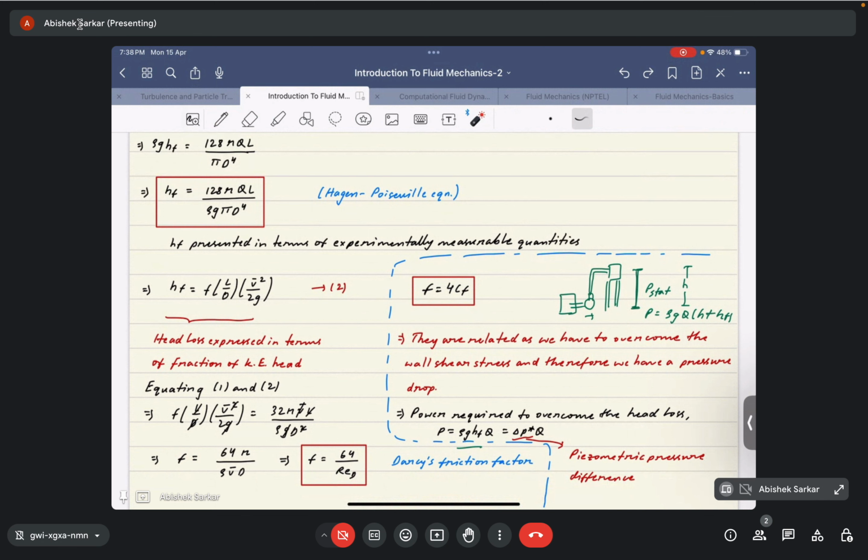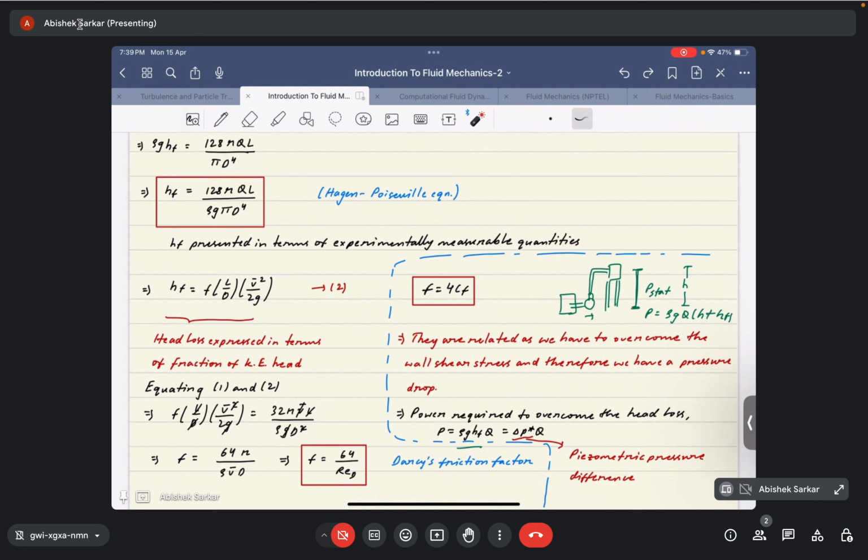Since these physical phenomena are inherently related, the friction factors that we found by two different concepts are also very elegantly related. First was found through the wall shear stress, and second was found by the concept of fluid friction or head loss in pipes. So the Darcy friction factor small f is 4 times the Fanning friction factor Cf.